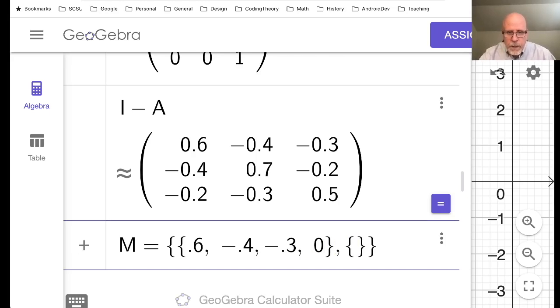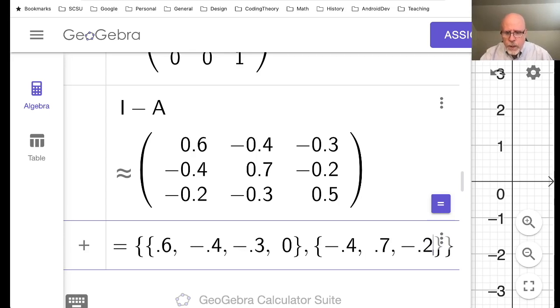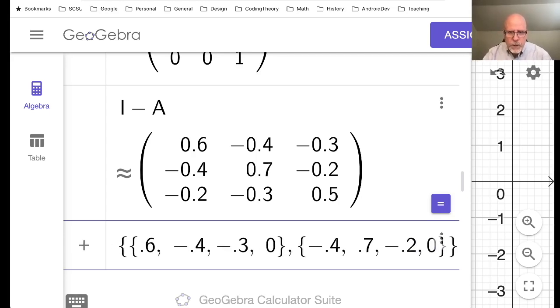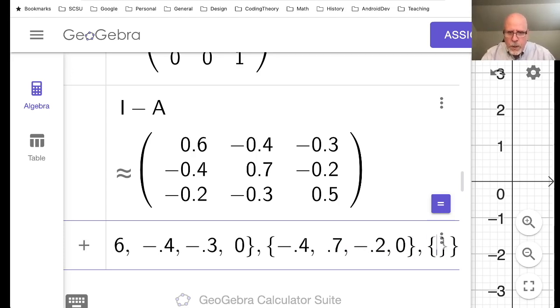Now I need the things for the second row. The 2, 1 position is just the negative of whatever the entry was from the input-output table, but the 2, 2 position is that 1 minus bit, so you get 0.7 there. Negative 0.2 there, and finally a 0 in the augmented column. And then the last row, you can see it right above us here.